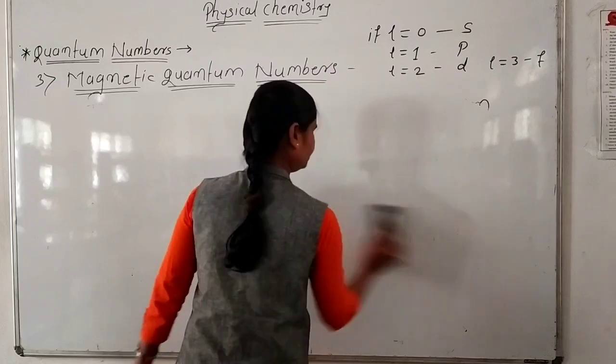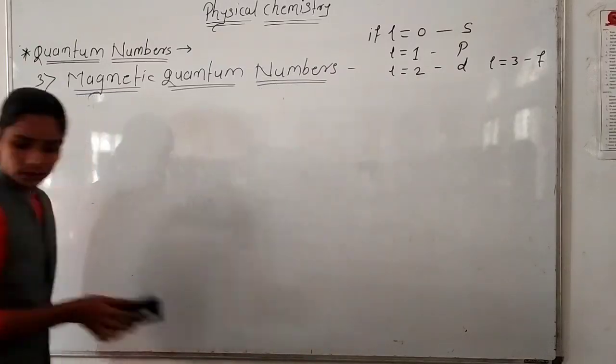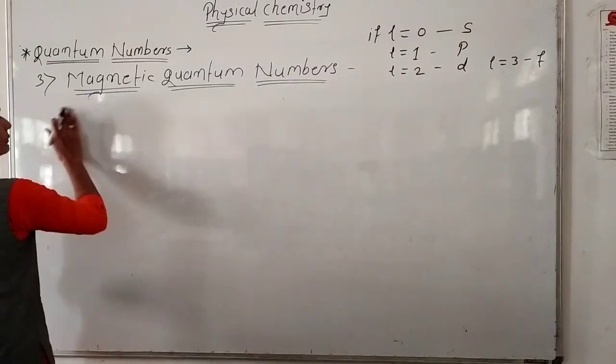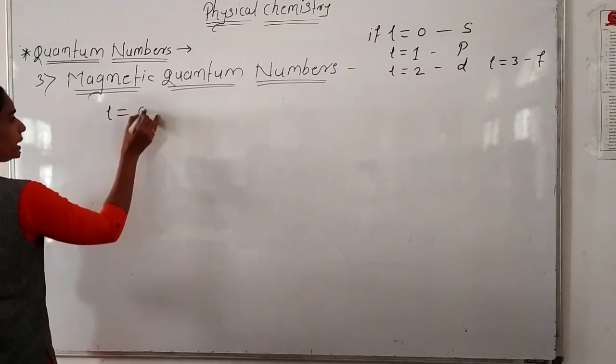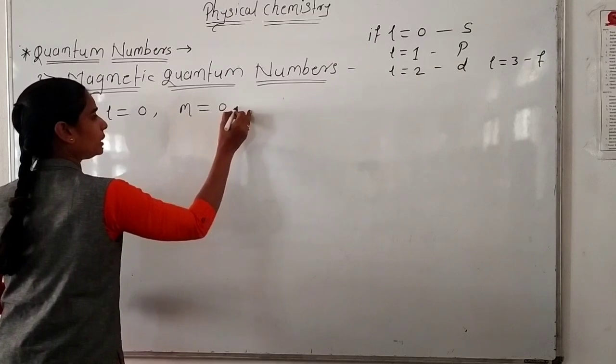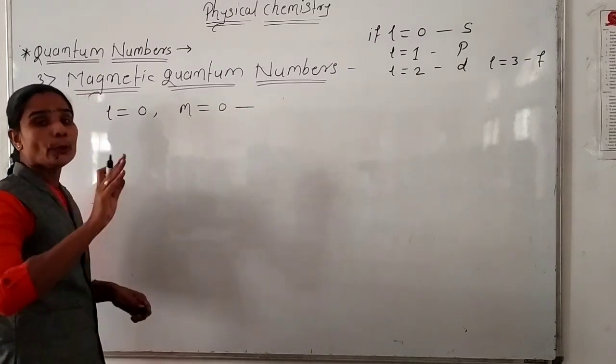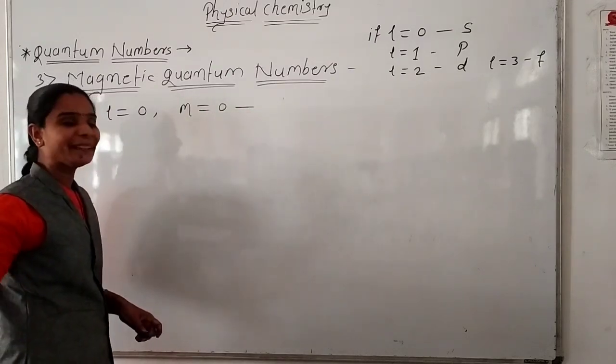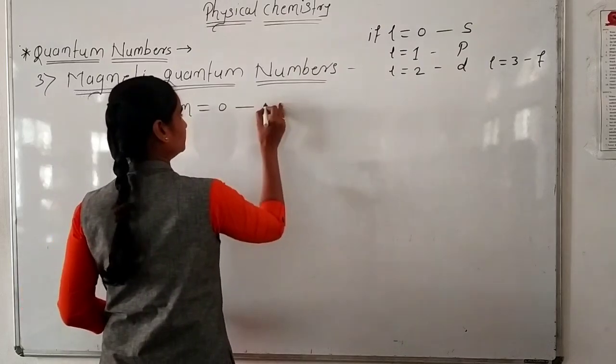Now listen. Suppose L is equal to 0, then m is also equal to 0. Means no suborbital present in the atom.